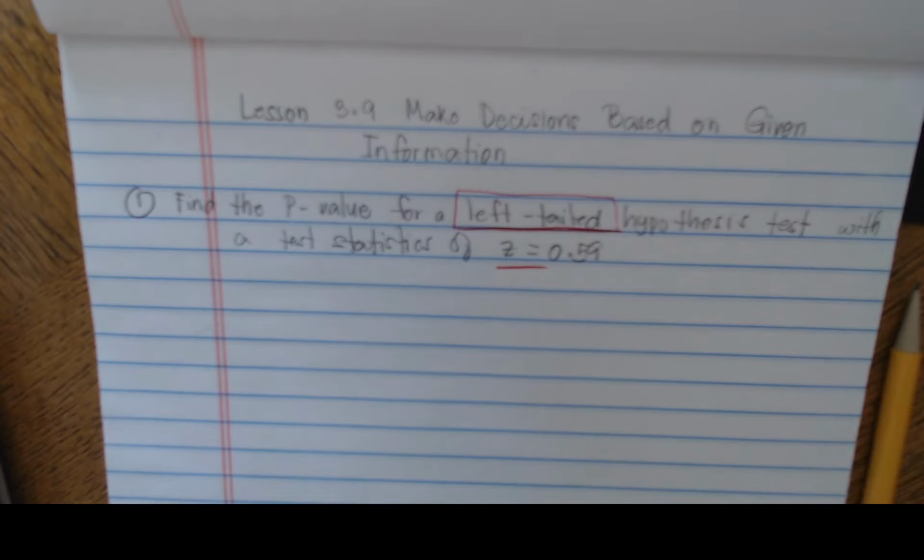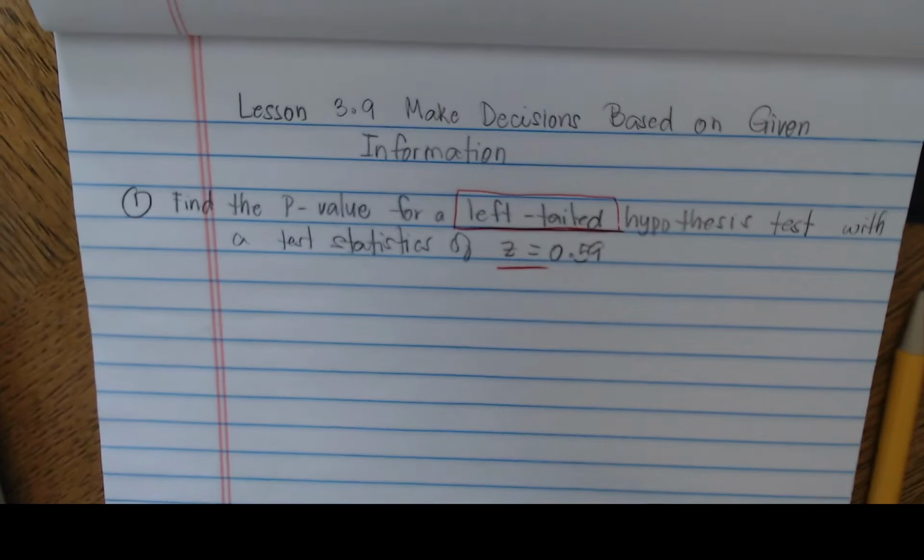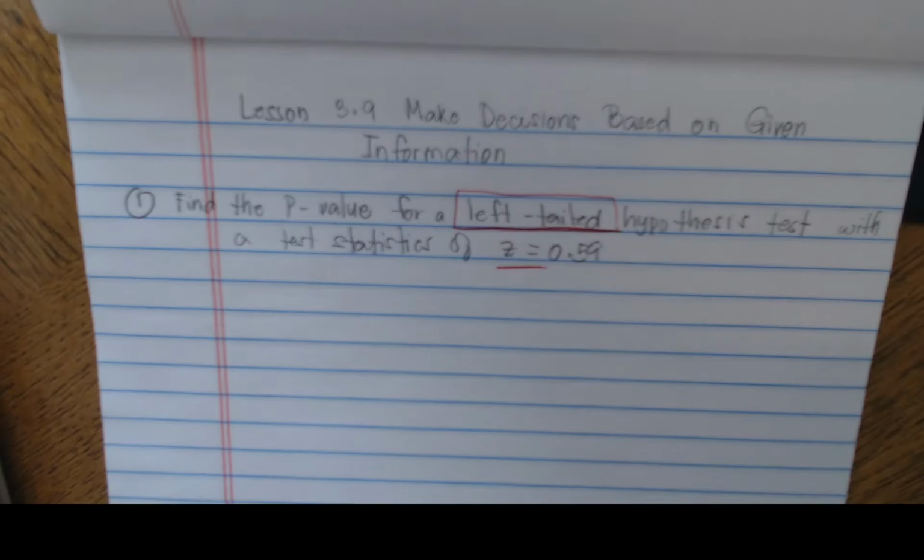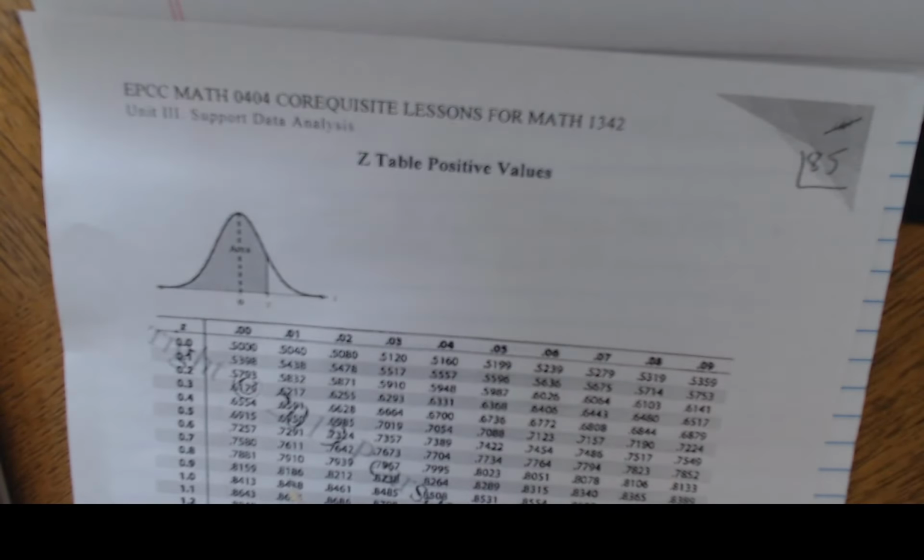That's a positive Z table. 0.59. Okay, here's our Z table. 0.5 here, and then look for 0.09. So it's right here.